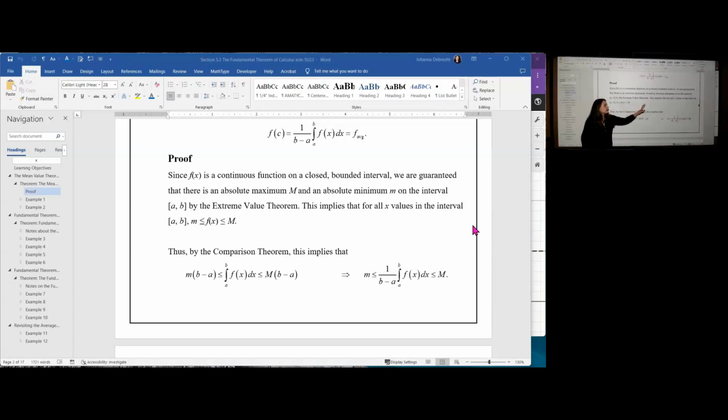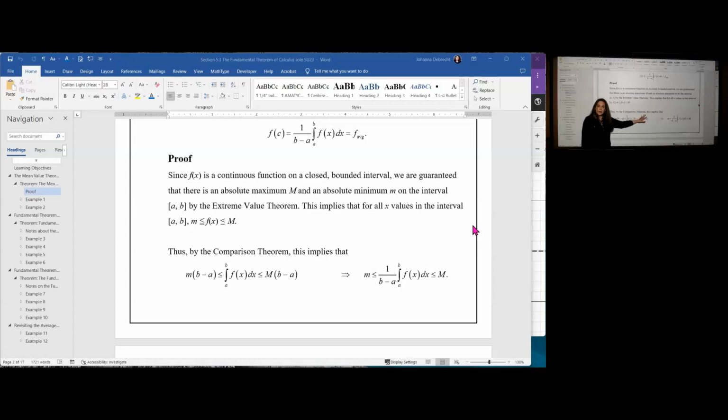This implies that for all the x values in the interval between a and b, the y values are between the absolute minimum and the absolute maximum. They could be equal, but they have to be between. There can't be a y value that's lower than the minimum or higher than the maximum.